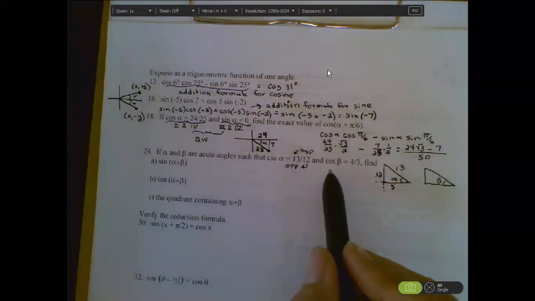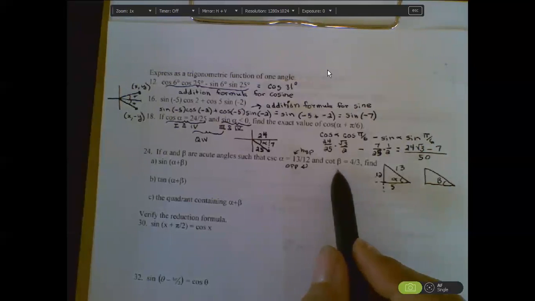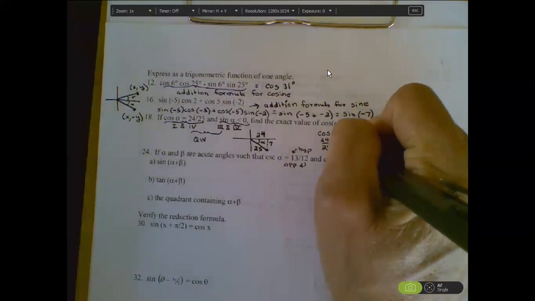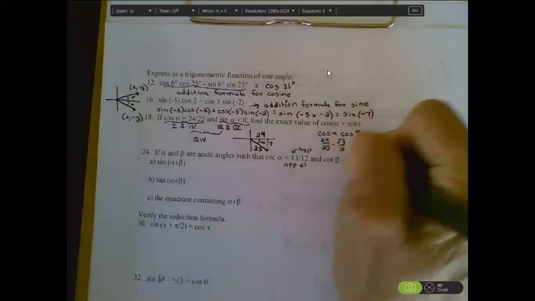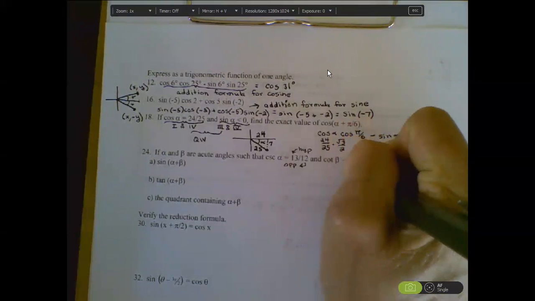For beta, I need to think cotangent, or tangent is opposite over adjacent. So cotangent is adjacent over opposite.